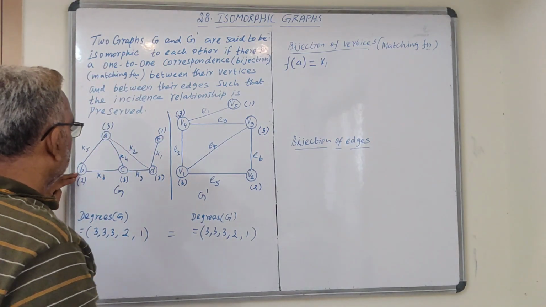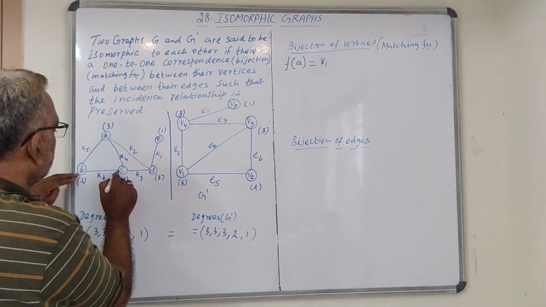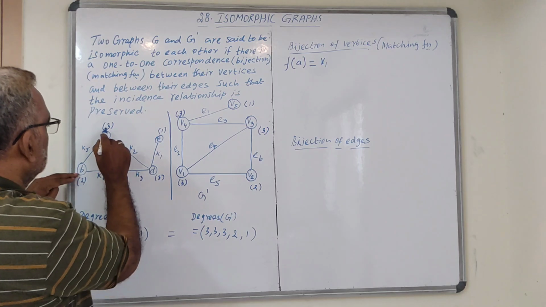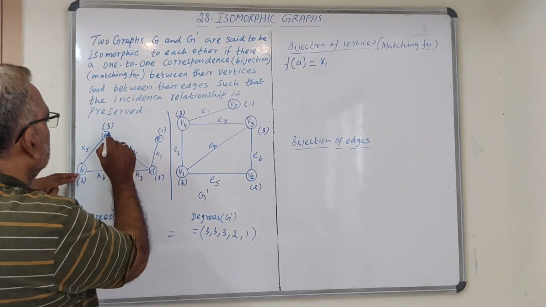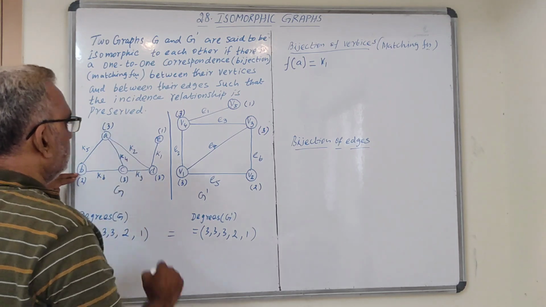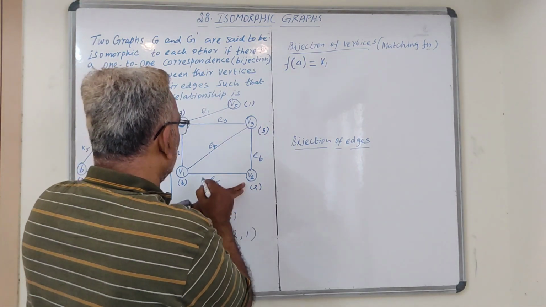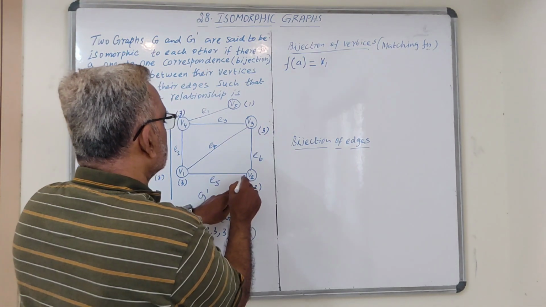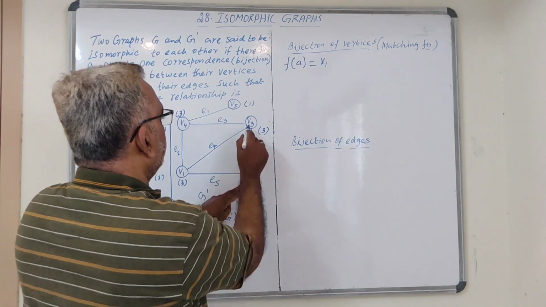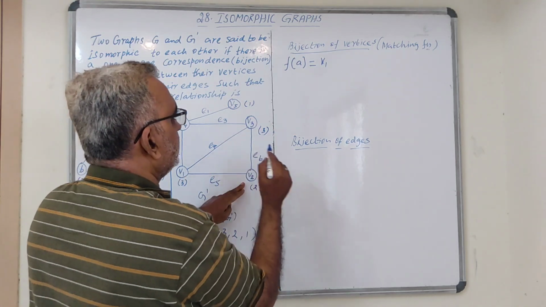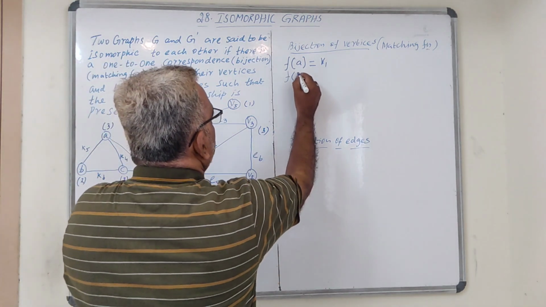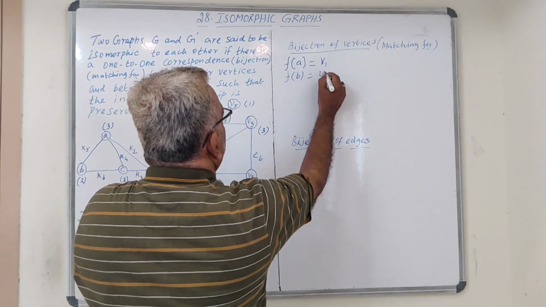Similarly for B, B is connected with 2 vertices, A and C, the degrees are 3, 3. Here we can compare this with V2. V2 is connected with V1 and V3, so both the degrees are 3. So the matching function for B is V2.